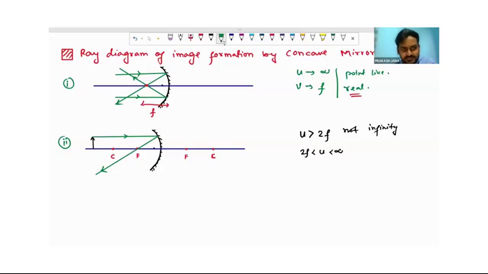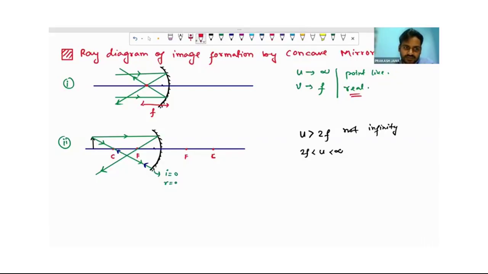We need one more ray. Suppose I take a ray which passes through the center of curvature. The ray which passes through the center of curvature is incident on the mirror perpendicularly. So the angle of incidence is 0 and the angle of reflection will be 0. That is why the ray will trace back into its initial path, isn't it?